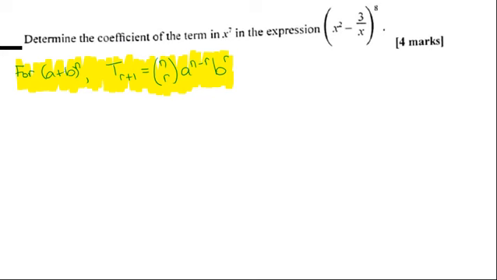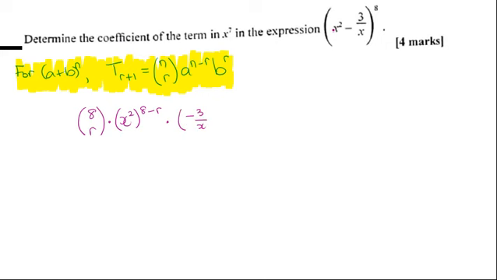So we're going to take the right side, which is nCr. n in this case is 8. So 8Cr. We don't know what r is because we don't know what position the term is in. So nCr times a, which is x squared, raised to the n minus r, times b, which is negative 3 over x.